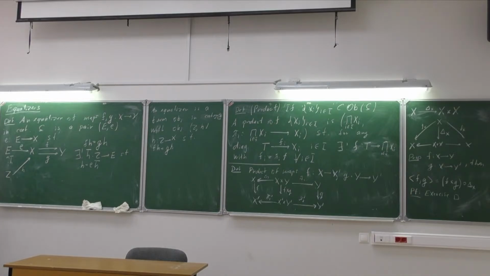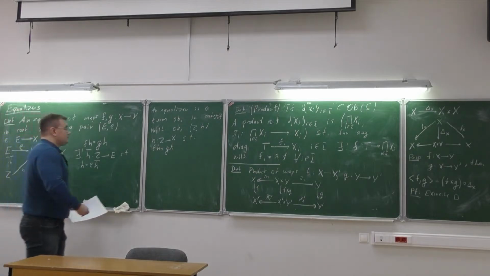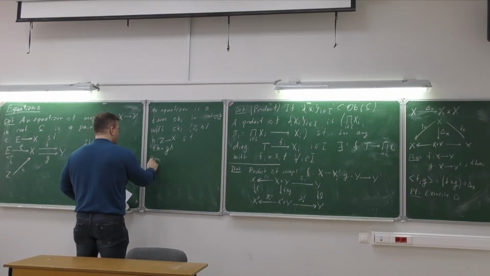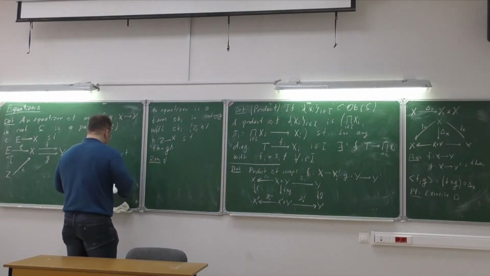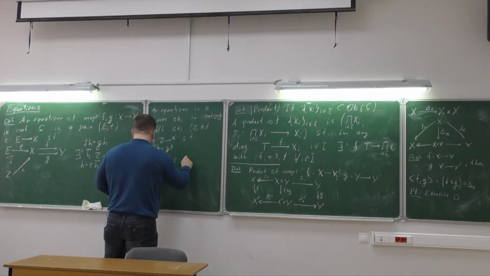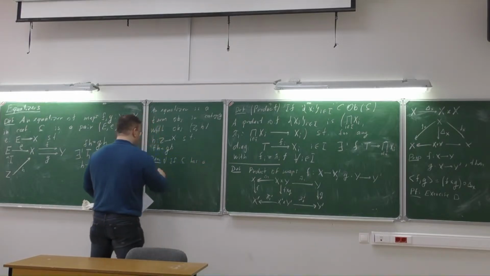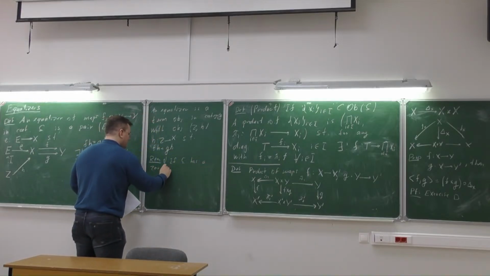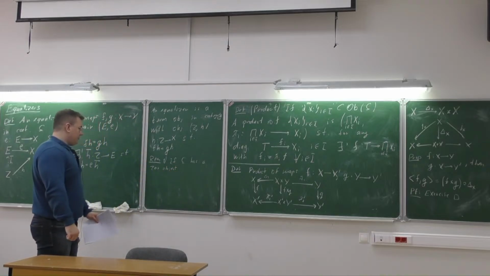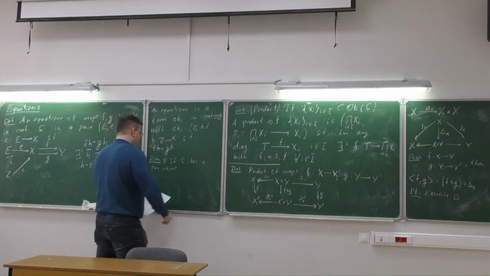And one case of the equalizers, so maybe I formulate again this as several remarks. So first remark, if C has a zero object, remember that the zero object is initial and final at the same time.